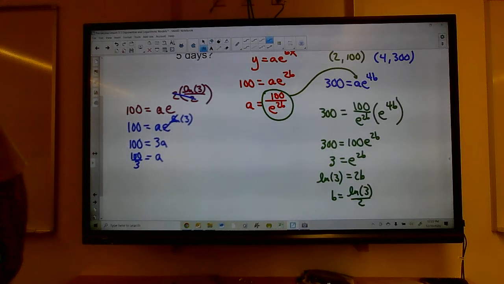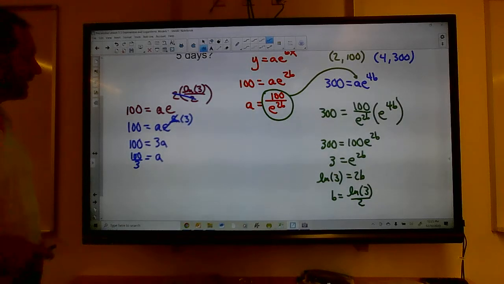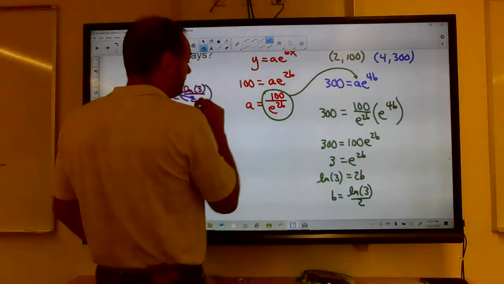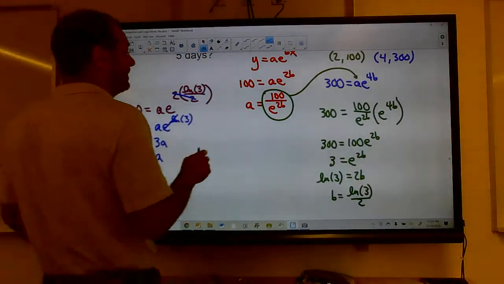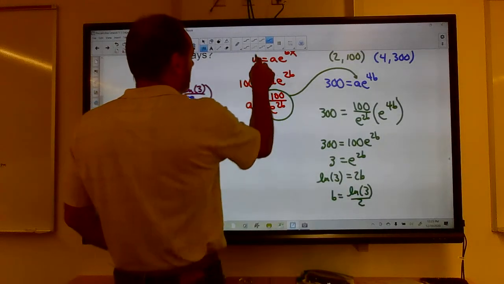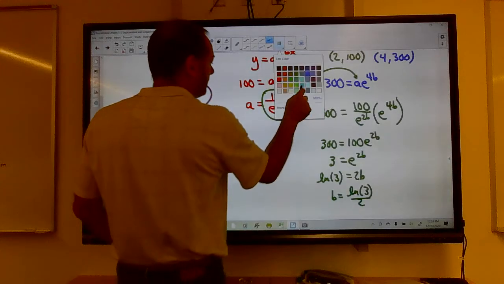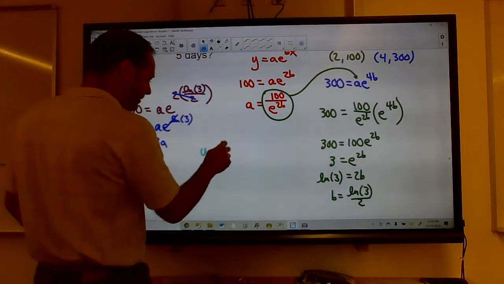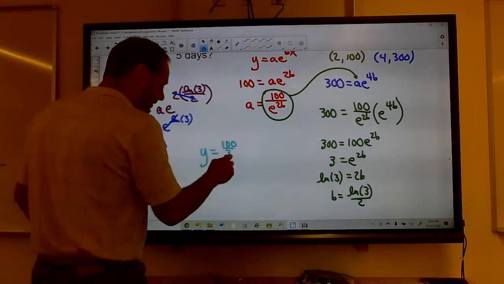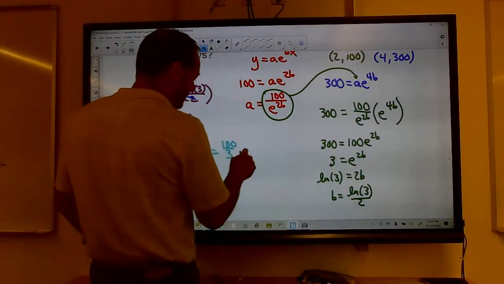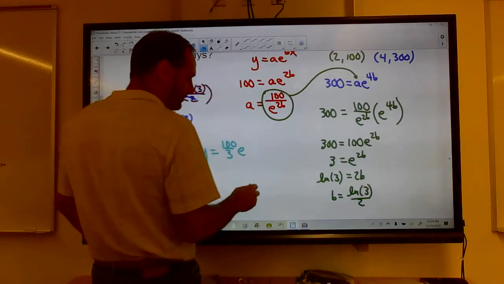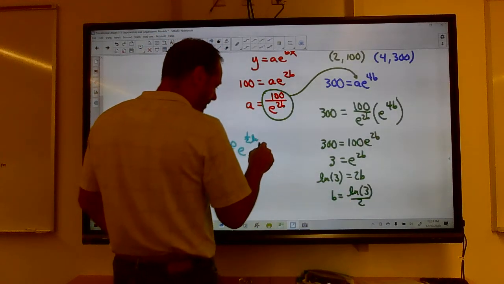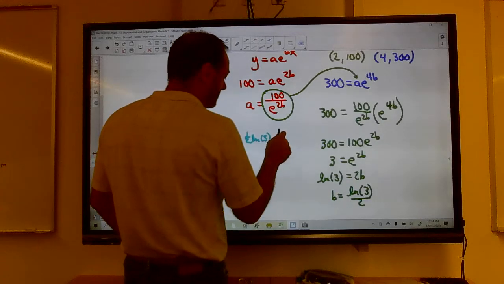Okay, so now I've got an equation where I know a and b. So I get y equals a, which is 100 over 3, e to the b, which is 1/2 natural log of 3, times x power.